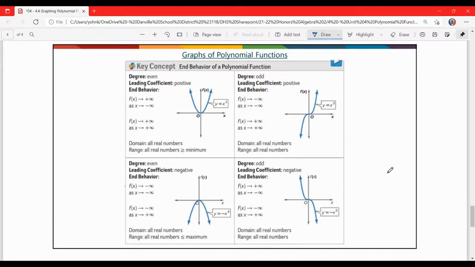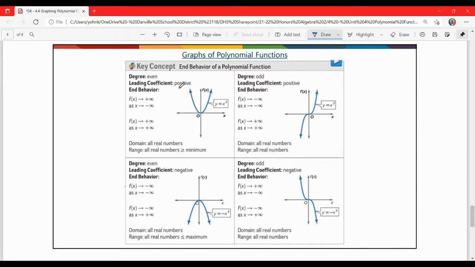All right, if we look at this graphic, this is kind of reviewing some of the different things that we've talked about as well. Notice we have even degrees and odd degrees, and we have positive leading coefficients and negative leading coefficients, and end behavior is coming back. And then notice we have domain is all real numbers for all the functions. And notice that parabolas have a minimum spot or a maximum spot, but the range for odd functions is all real numbers again.